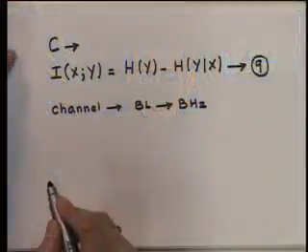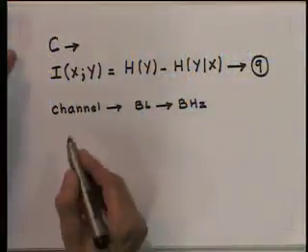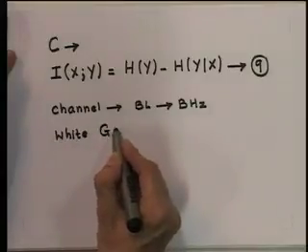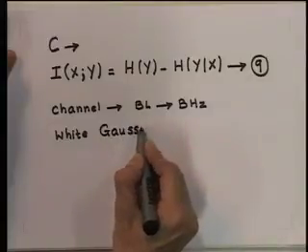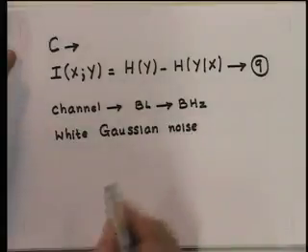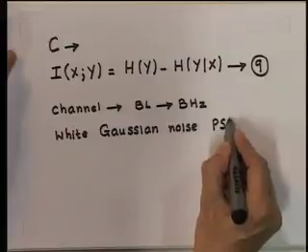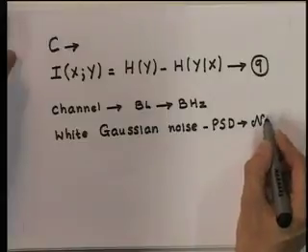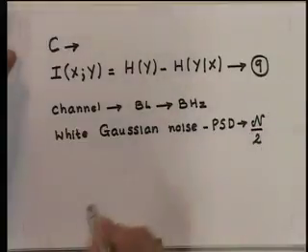We shall find here the capacity of a channel which is band limited to B hertz, and this channel is disturbed by white Gaussian noise of power spectral density given by N by 2.